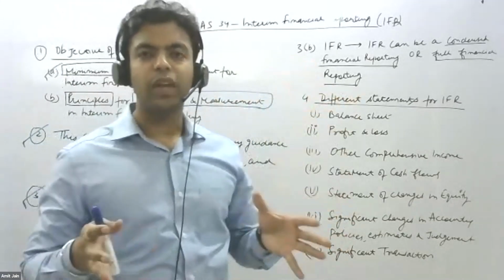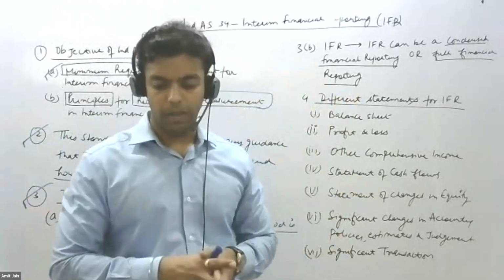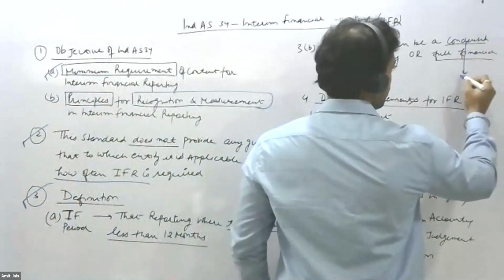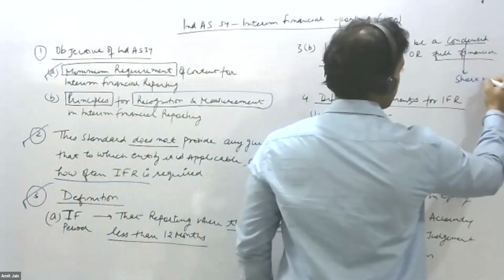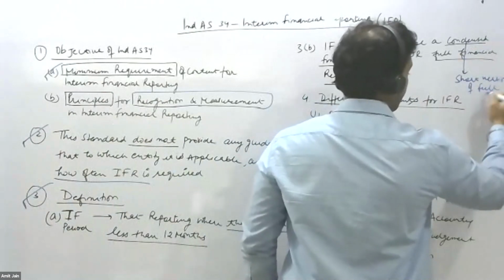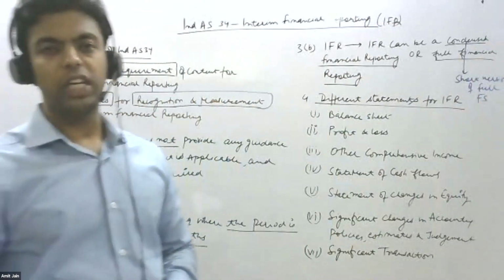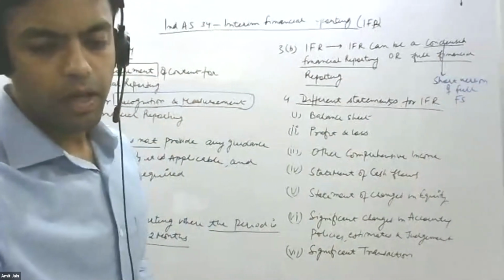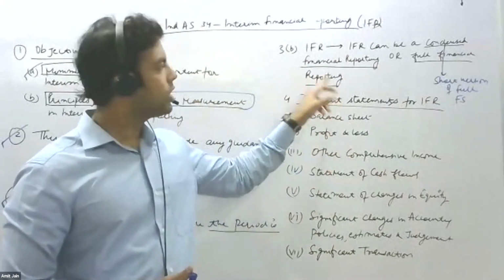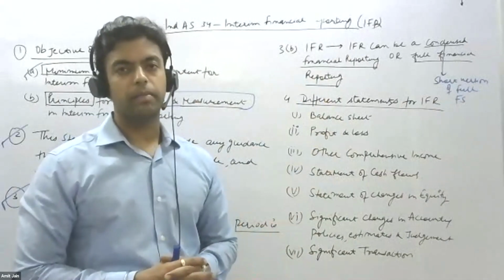What is a condensed financial statement? It is a short version of the full financial statement, right, guys? Or the company can prepare the full financial statement for that particular period, right?